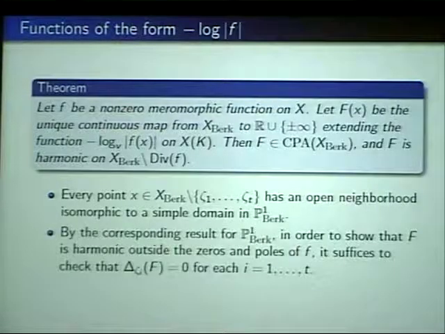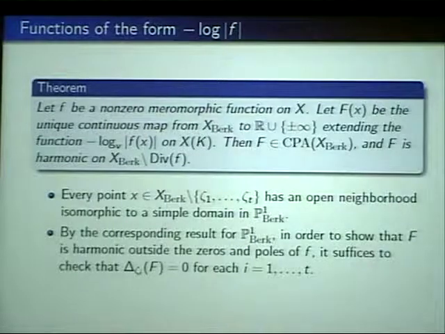And by some functoriality principles, since we know this corresponding result on P1, to show that this function capital F is harmonic, it suffices to check it just at these marked points zeta I, which really don't have neighborhoods that we already understand.